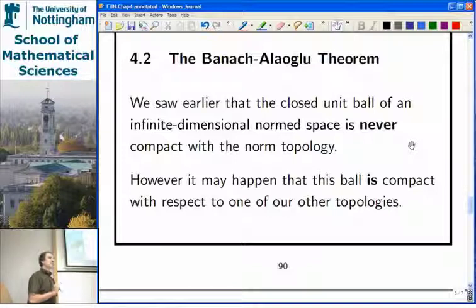Reflexive meaning that the canonical map was onto the bidual, so the space is the same as its double dual. So there's quite a difference between the weak topology and the weak star topology. But if you are reflexive, so that you're the same as your bidual, then the weak topology on you is the same as the weak star topology on the bidual. So it's not surprising that things work.